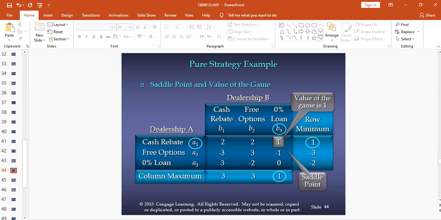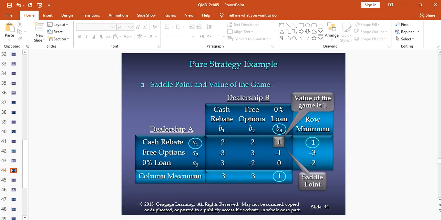The example over here is, we find out that the best strategy for dealership 1 is 1, and the best strategy for dealership B is A, and here is B3. So they are intersecting in this point. This is a saddle point.